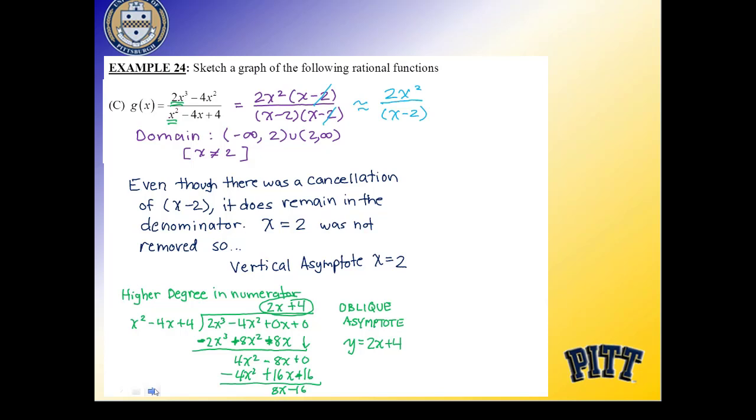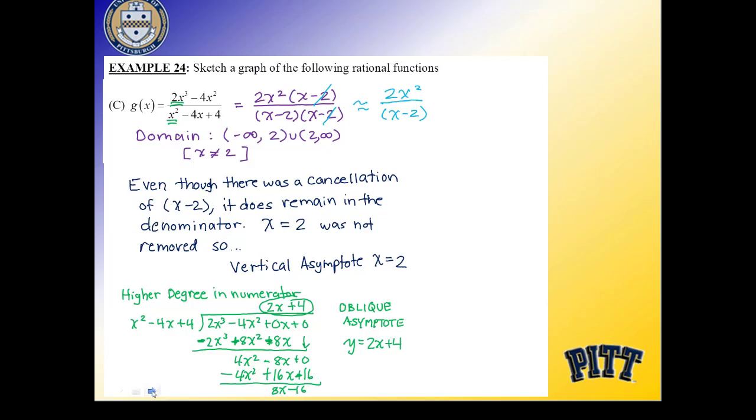I don't care about the remainder part. The remainder part is worthless to me. I just want to see what I end up on my long division symbol whenever I'm done. I can't do any more, because that's going to be the right hand side of the equation for my oblique asymptote. So y equals 2x plus 4 is my oblique asymptote.